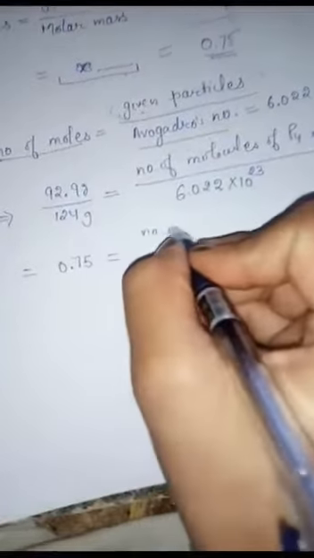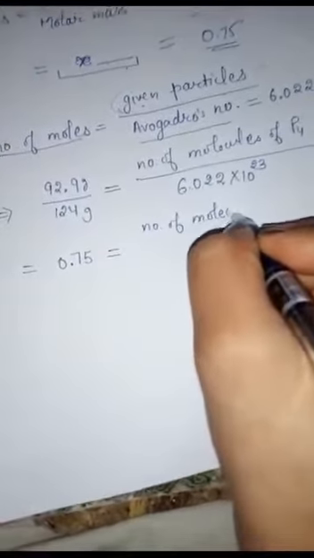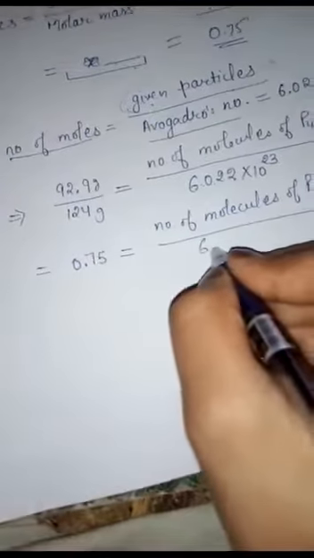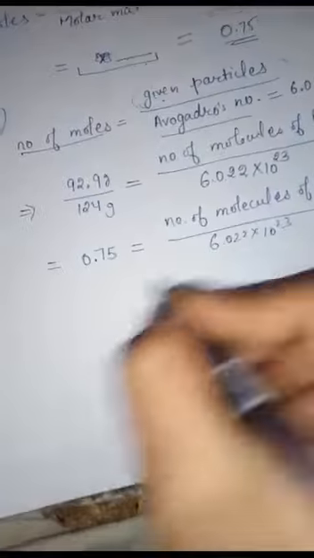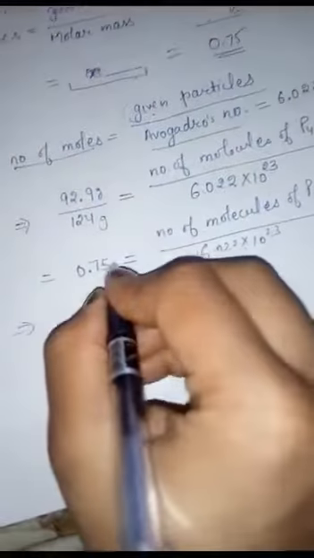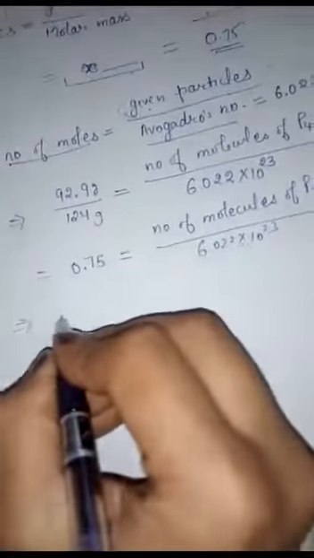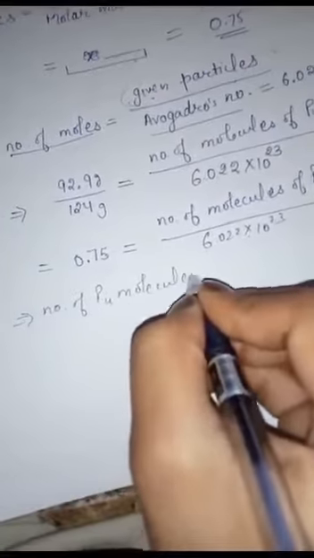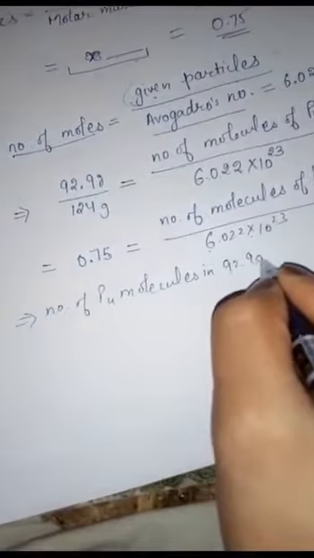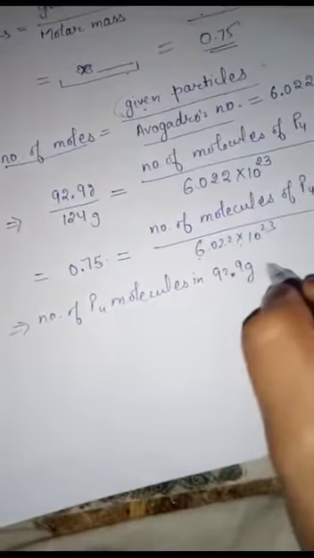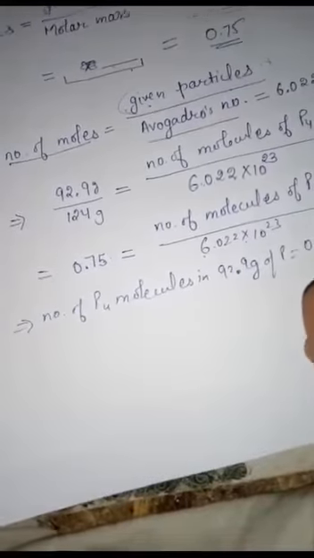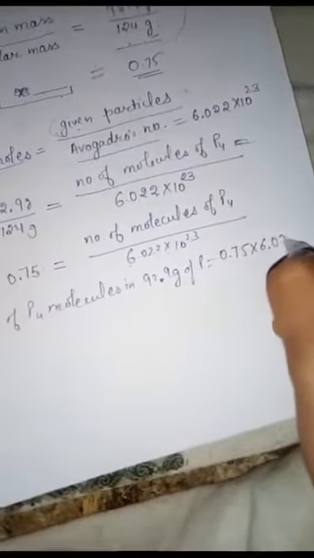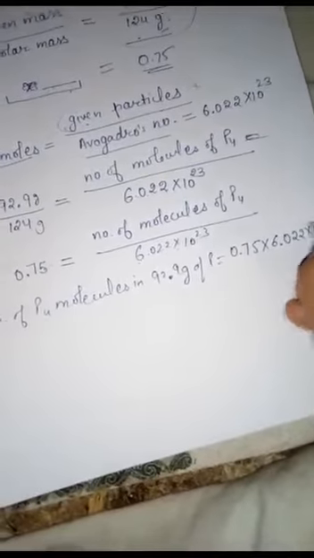So the number of molecules of P4 divided by 6.022 into 10 raised to power 23 equals 0.75. This implies it will go to the other side in multiplication. So the number of P4 molecules in 92.9 gram of phosphorus will come 0.75 into 6.022 into 10 raised to power 23.